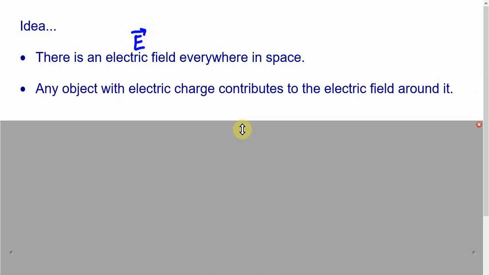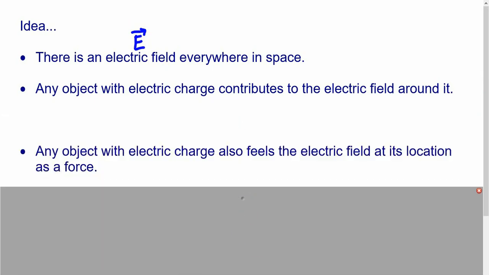So now we're saying there is an electric field everywhere in space. We call it E, and it will be a vector. It does have a direction. And now instead of mass, it's charge. Any object that has electric charge contributes to the electric field around it, and any object that has electric charge will feel the electric field at its location as a force.